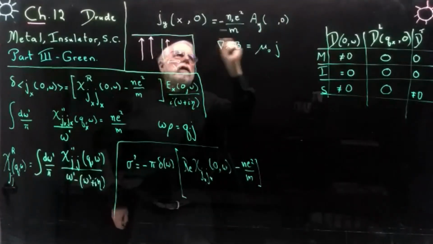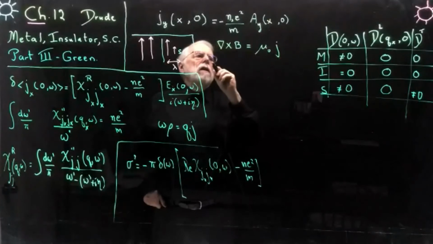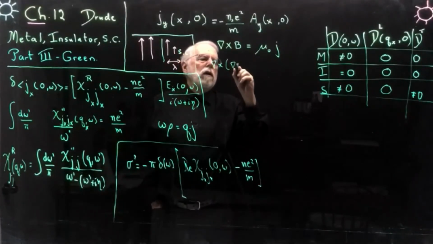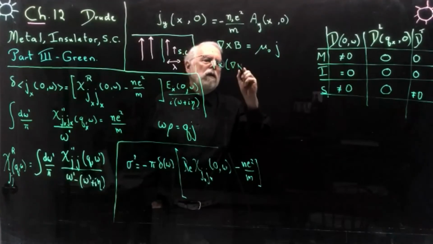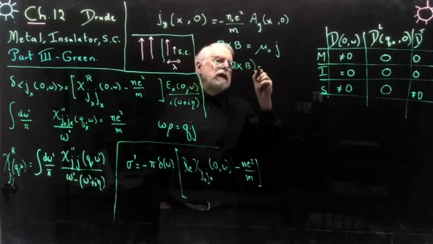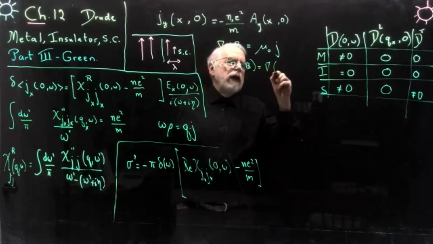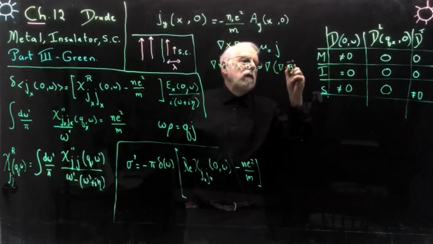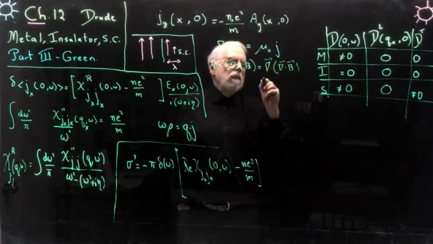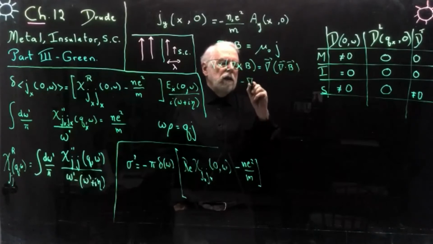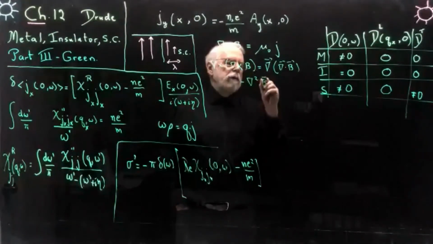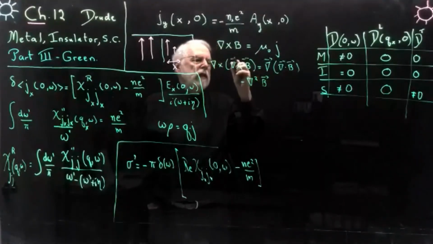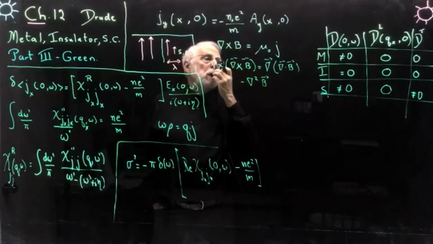So B varies along the x direction. So the curl of the curl of B is equal to the gradient of the divergence, which is 0, minus the Laplacian of B. The Laplacian is a scalar and B is a vector, so we have vector equals vector.